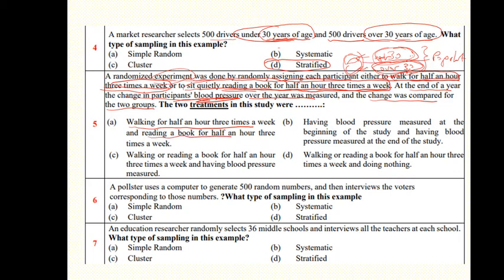So these are the treatments we gave them. These are the instructions we gave to the treatment groups. They might not be real treatments, but we can say they are treatments.